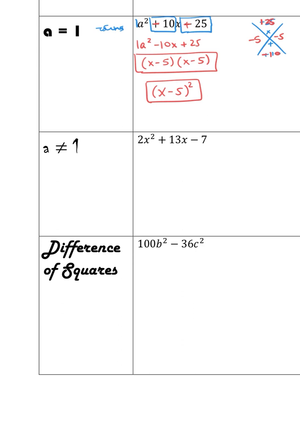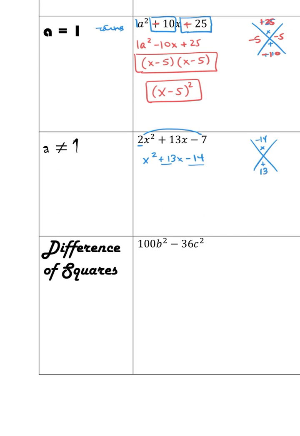And then if a does not equal 0 or does not equal 1, we start by multiplying these two together. So I'm going to rewrite this as x squared plus 13x minus 14. And then I'm going to do the same where I take -14. I'm going to see what two numbers multiply to give me -14, but add up to give me 13.